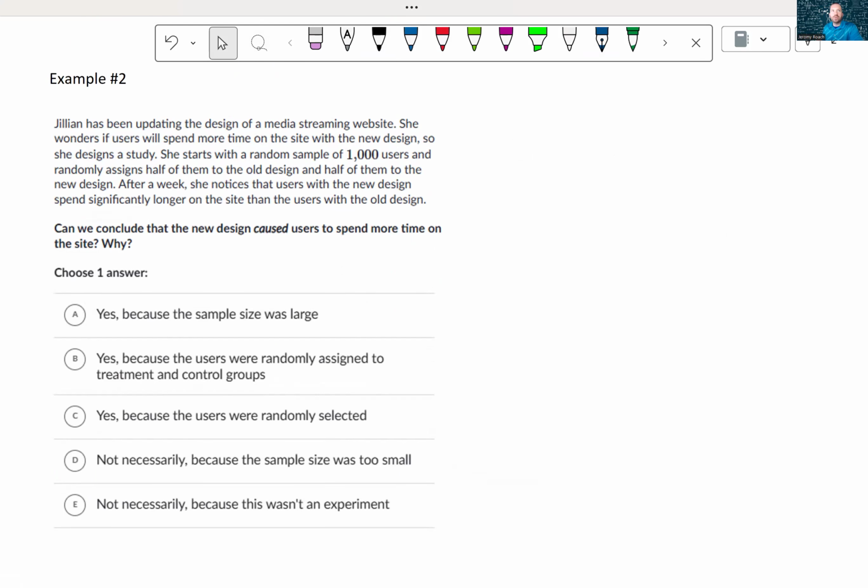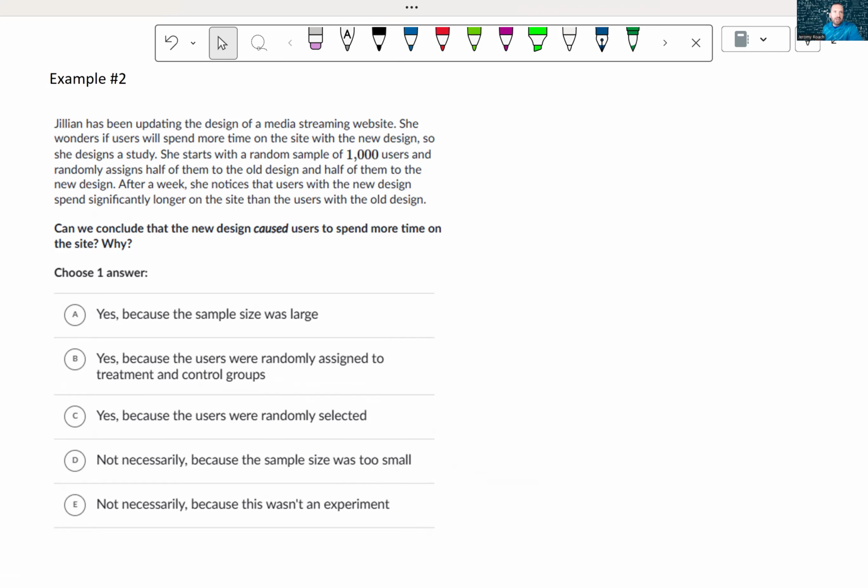Okay, let's go to the next one here. This one says Jillian has been updating the design of a media streaming website, and she wonders if users will spend more time on the site with the new updated website design. So she designs a study. She starts with a random sample of 1,000 users and randomly assigns half of them to the old design, and the other half to the new design.